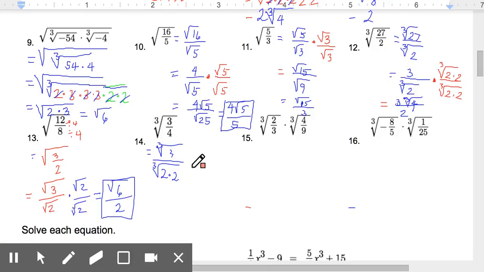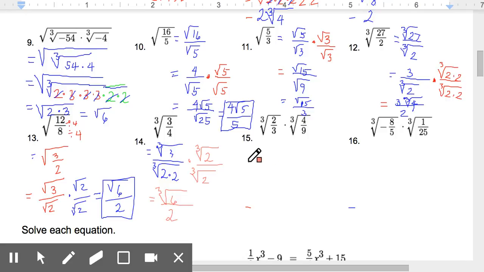So in order to rationalize, we are going to use the cube root of 2. We only need one more 2 to be able to rationalize the denominator. So we're just going to use the cube root of 2 over 2. All right, so now we are going to have the cube root of 3 times the cube root of 2. That's going to be the cube root of 6 over the cube root of 2 times 2 times 2 is going to give us 2.